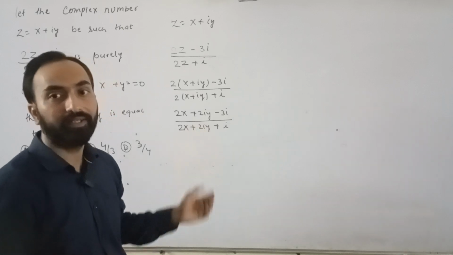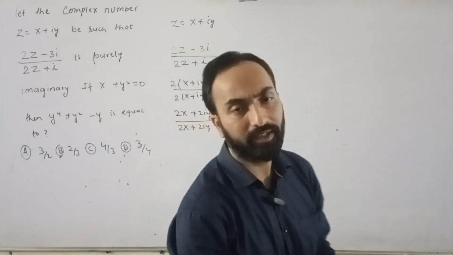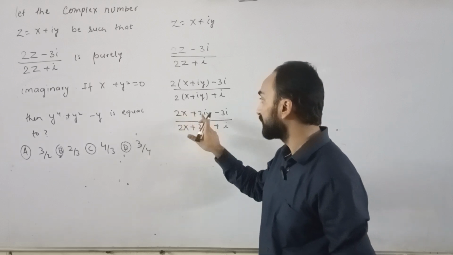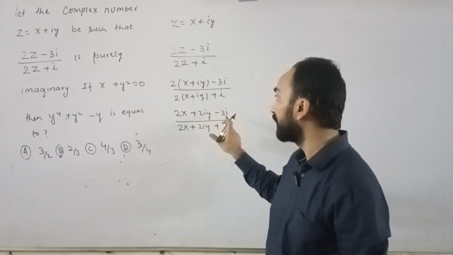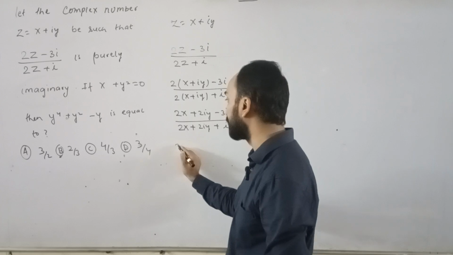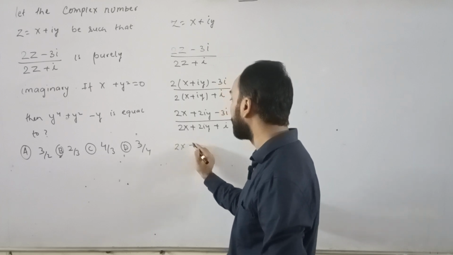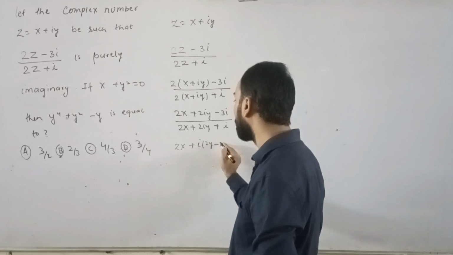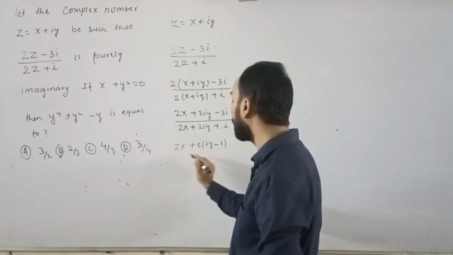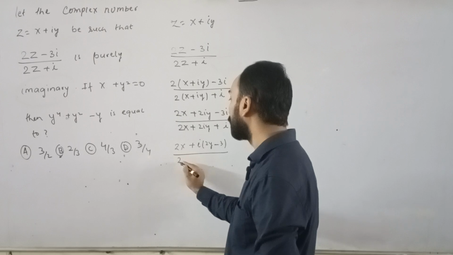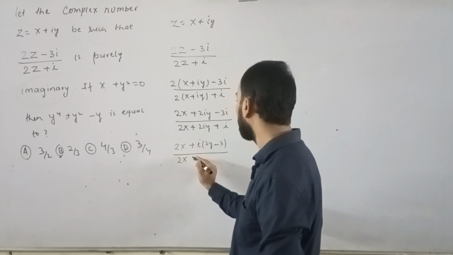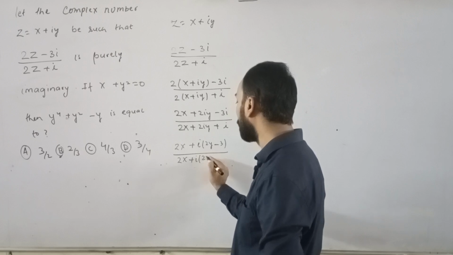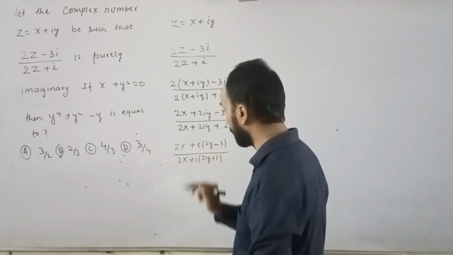Now we will separate the real part and the imaginary part. In the numerator the real part is 2x and the imaginary parts are 2iy and −3i, so taking i common it becomes 2x + i(2y − 3). In the denominator it becomes 2x + i(2y + 1).